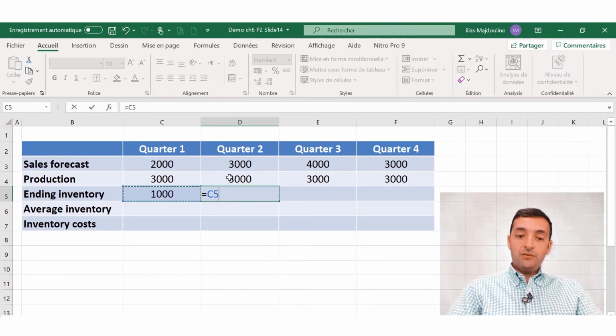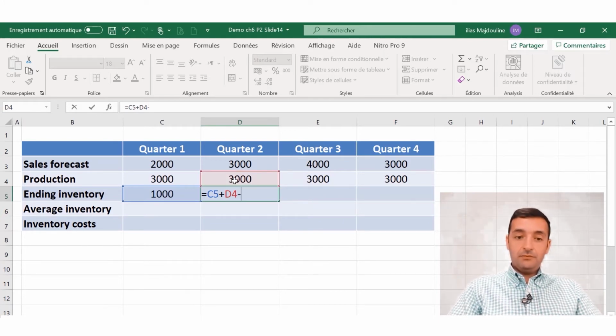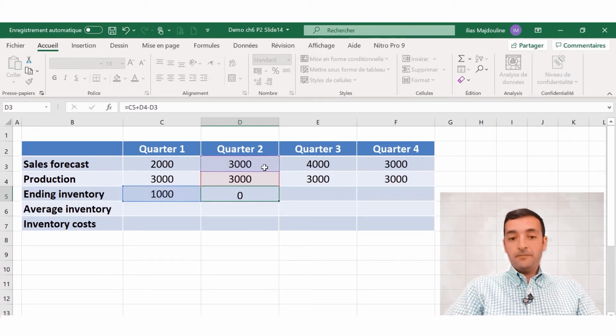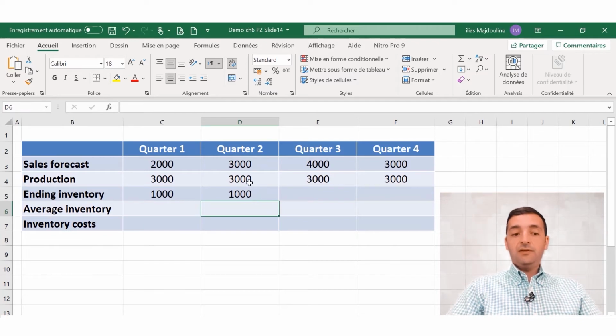We have to add it to the production, minus the sales forecast. The result is that we will have another ending inventory of 1,000 units.